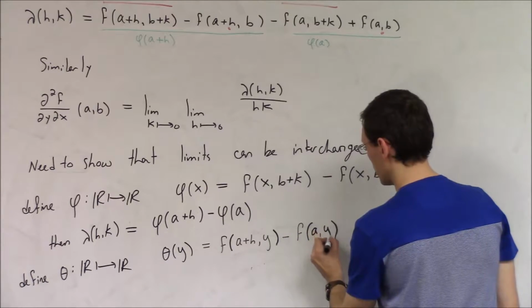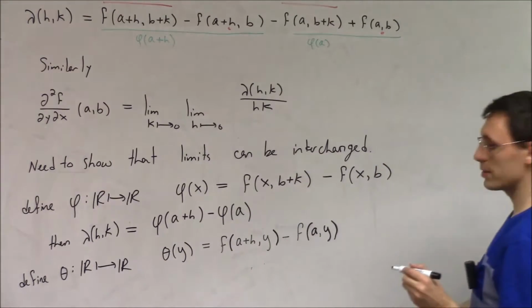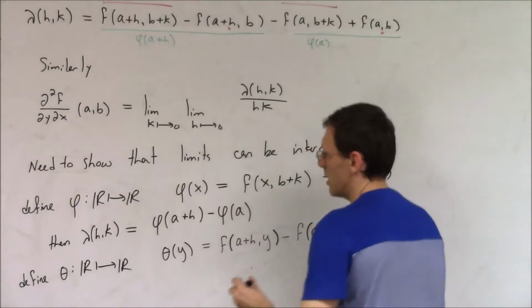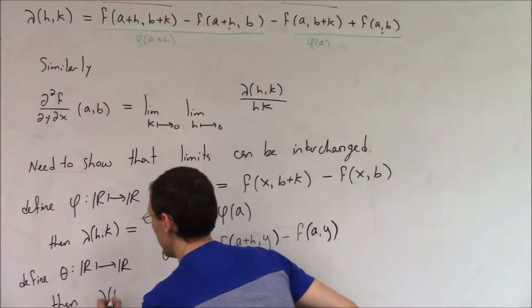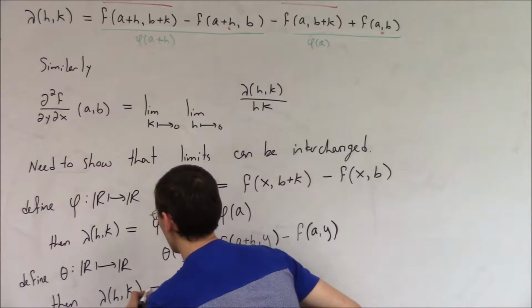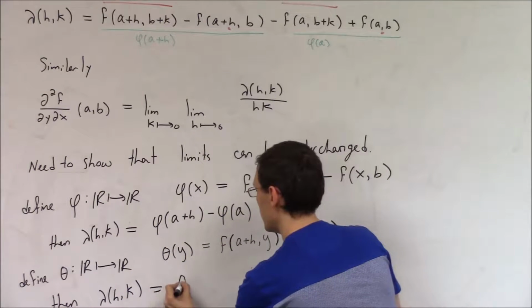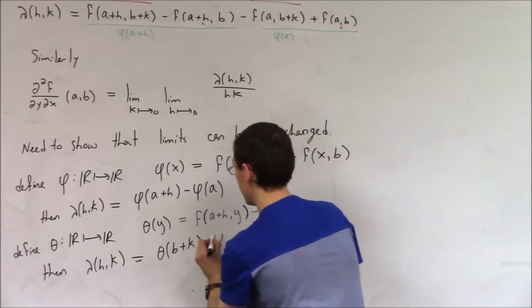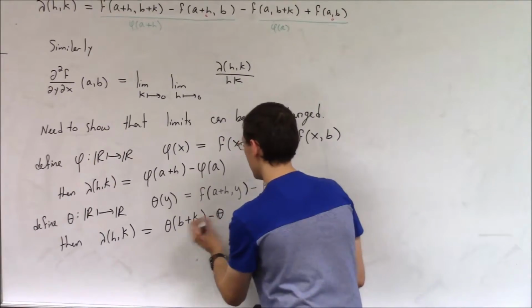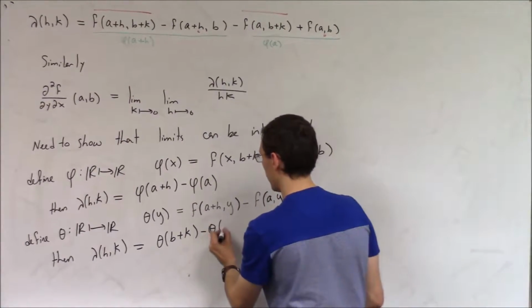Write it to yourself because I have a very short board. And then what you have is that lambda of hk is also equal to theta of b plus k minus theta of b.